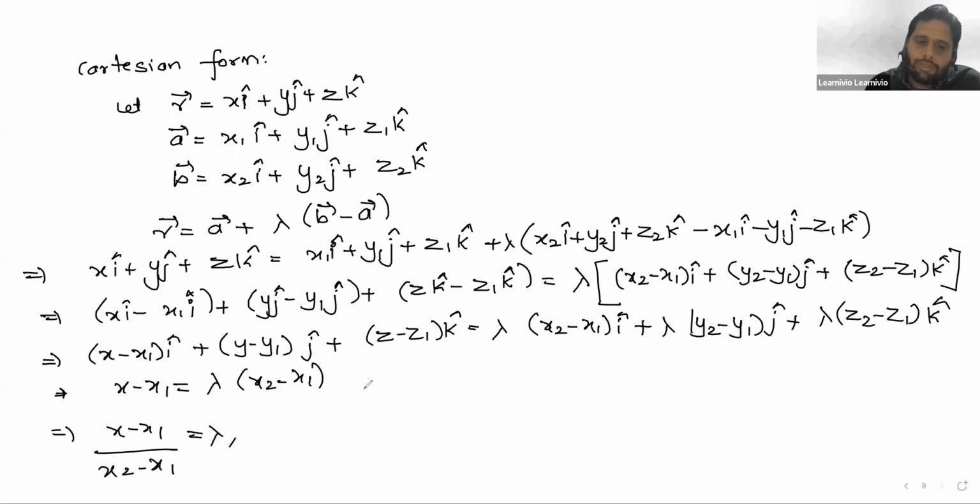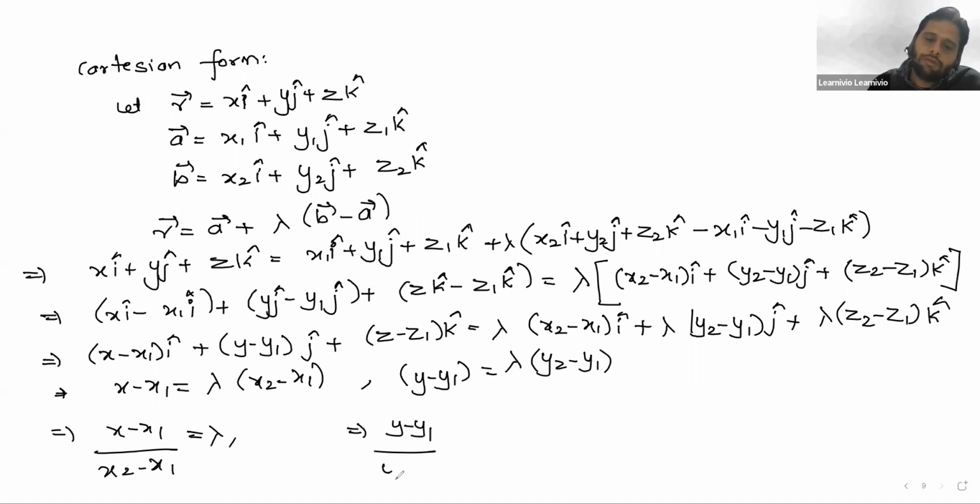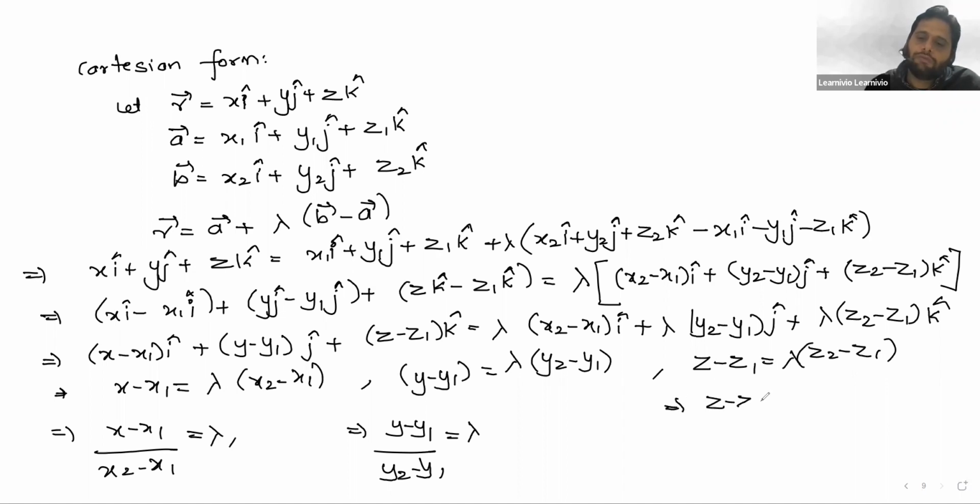Similarly, (y minus y1) by (y2 minus y1) is equal to lambda, and (z minus z1) by (z2 minus z1) is equal to lambda.